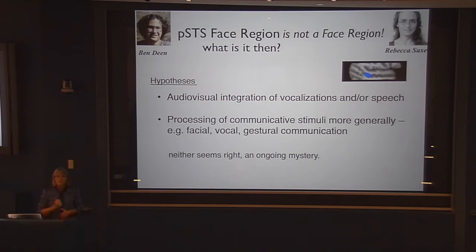They're extremely communicative. This region doesn't respond to those practically at all. It also doesn't respond differentially to face motions that are communicative, like a video of a person talking versus a video of a person chewing. It likes those both.